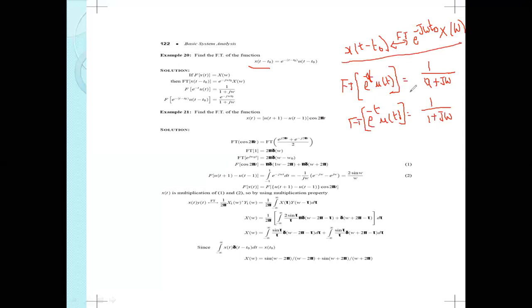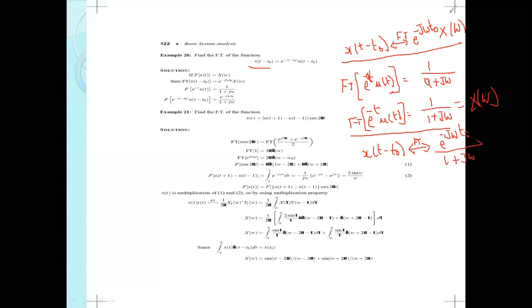So by using this property and by using the Fourier transformation of e power minus t mu of t, X of omega is there. So for x of t minus t naught, its Fourier transformation is e power minus j omega into t naught, the shifted value, and in the denominator 1 plus j omega.